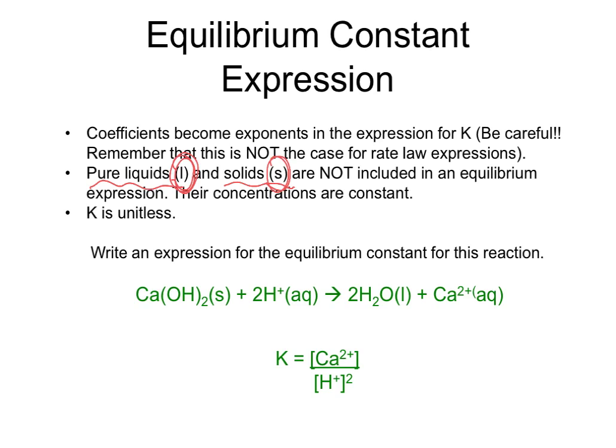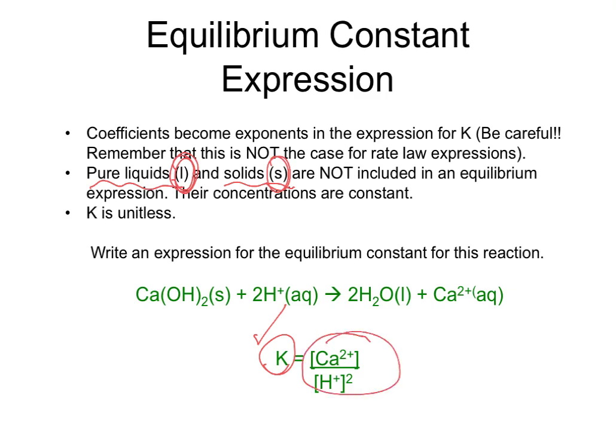So just as an example, water in its liquid form has a concentration of 55.5 molar. That's not going to change in a chemical reaction. So the concentrations for liquids and solids are just lumped into the value of the equilibrium constant K and left out of the right side of the equation.